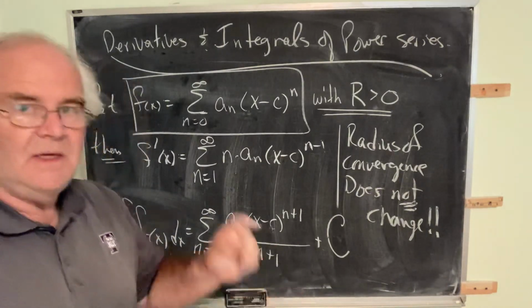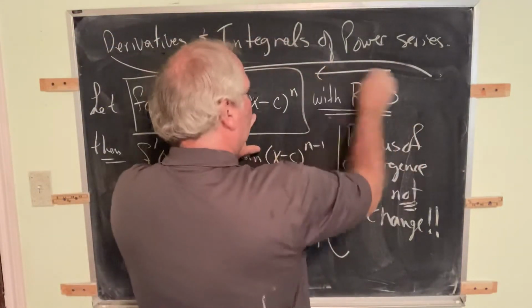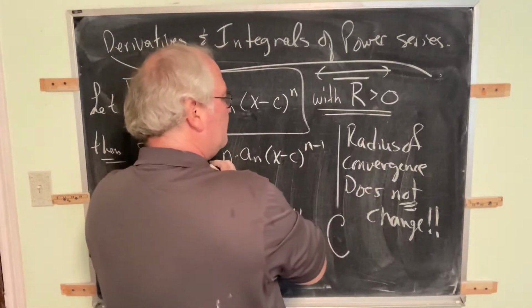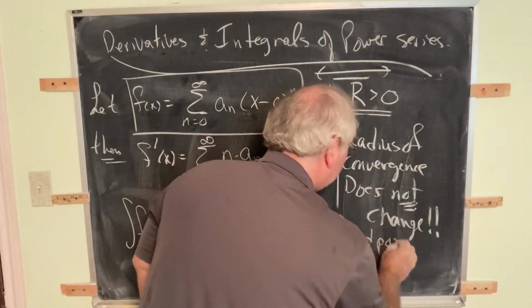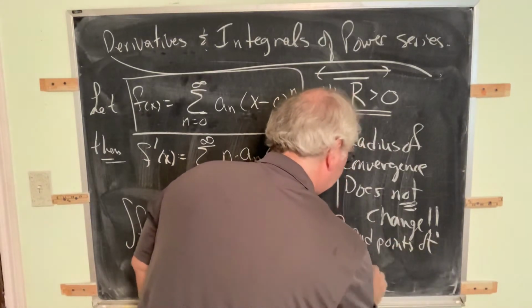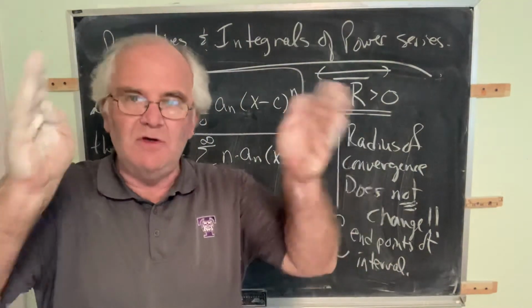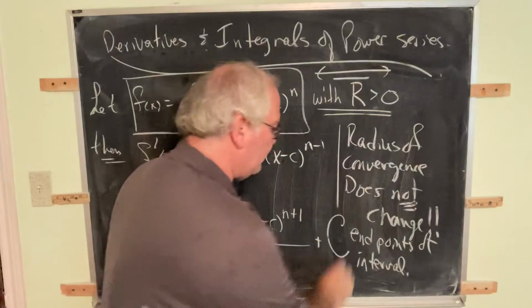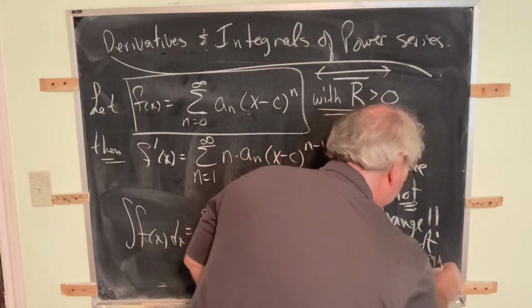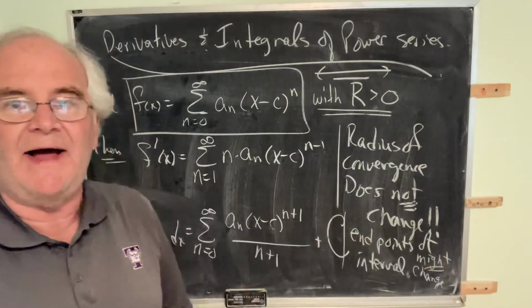However, if you start off with an interval of convergence that is finite length, then the endpoints of the interval, whether they're included or not, might change. And the key word is might. You don't know going in, so there's nothing for it. You have to plug them in and find out.